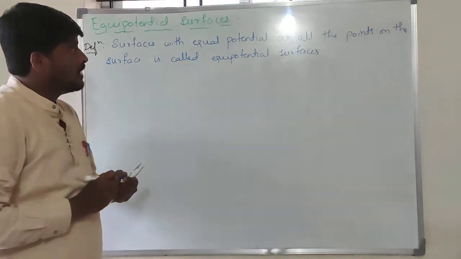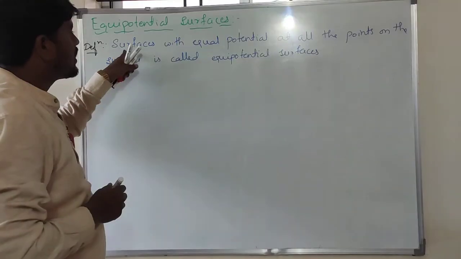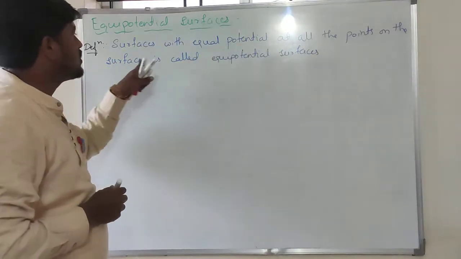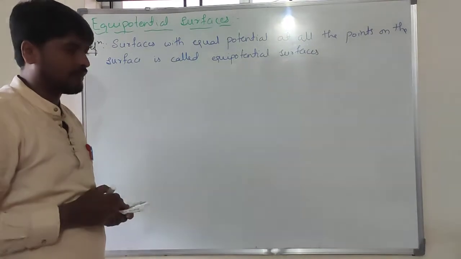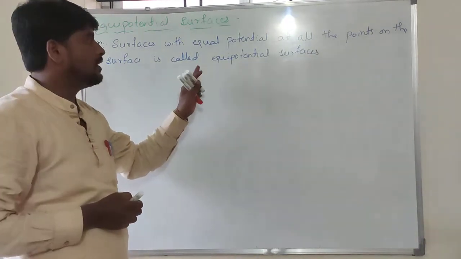Friends, as I said, the surfaces with equal potential at all the points on the surface are called equipotential surfaces. This is one kind of definition.